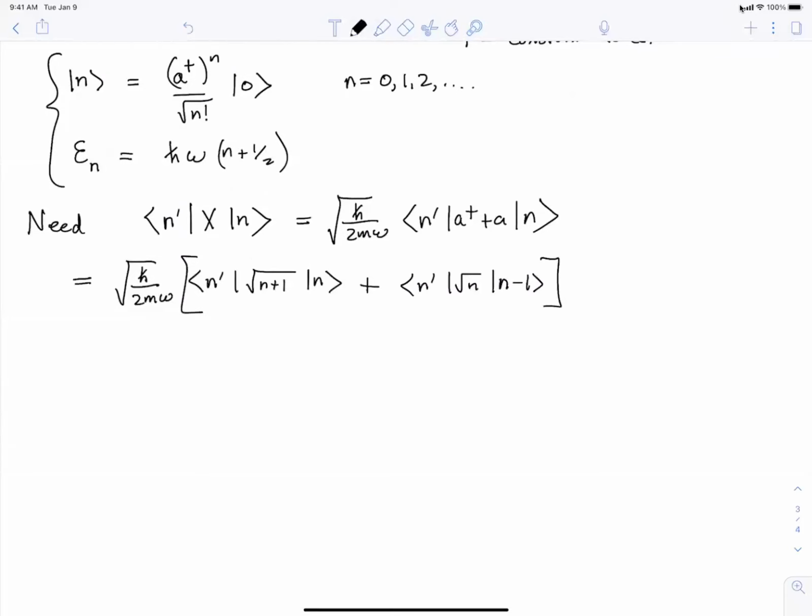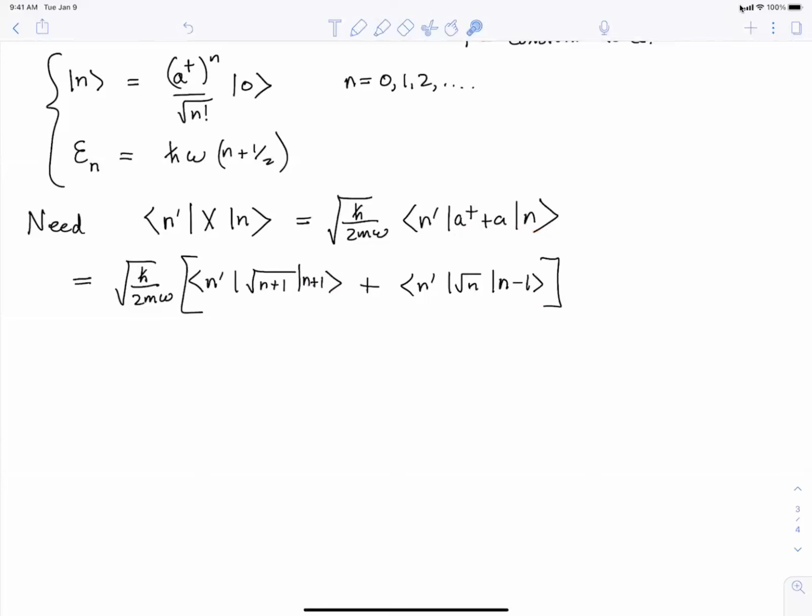Oops, I made a mistake here. This should have been the state n plus 1, right? So when we act with a† on |n⟩, we get the state |n+1⟩ times a factor square root of n plus 1. And when we act on the state |n⟩ with a, we get |n−1⟩ times square root of n.